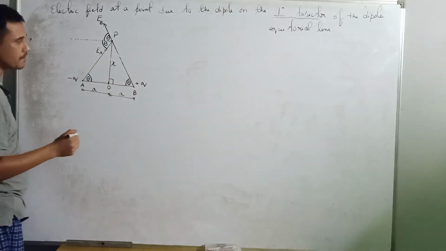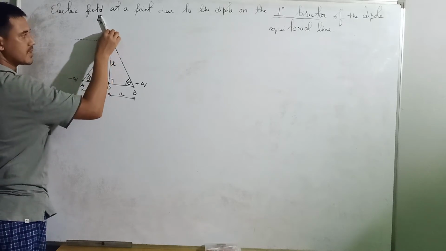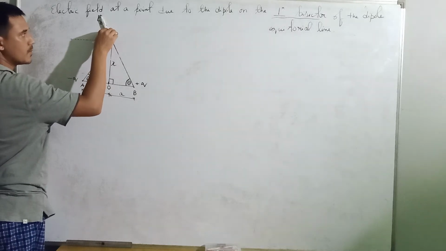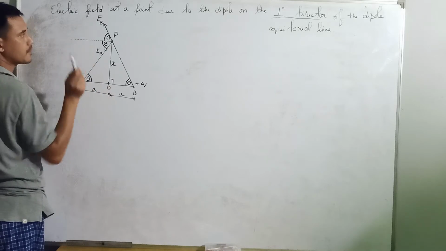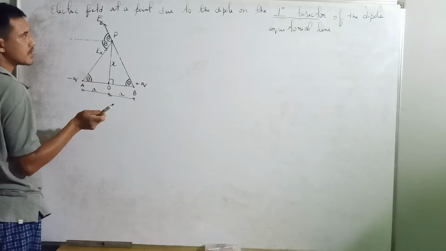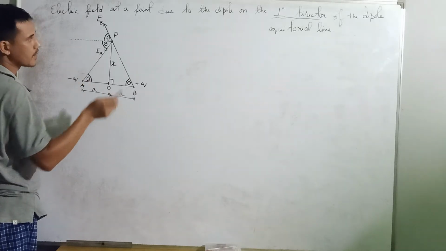Is it okay? Now, EB acts in this direction. So we can resolve EB into two components. One is EB cos theta and the other one will be EB sine theta.